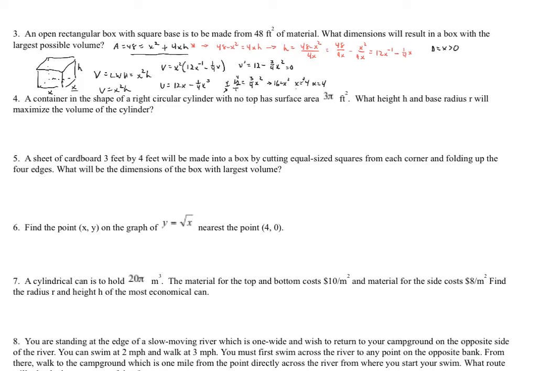This is good news because we only have one critical point, and we're going to try to argue that this is an absolute maximum. If we look at our derivative and plug in a number between 0 and 4, maybe 1 would work, the derivative is 12 minus 3/4, which is positive.